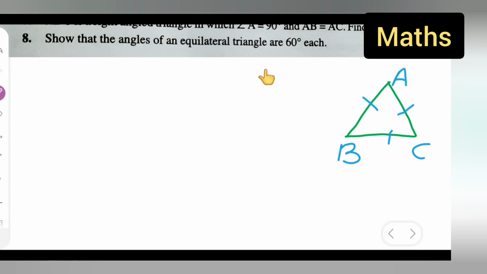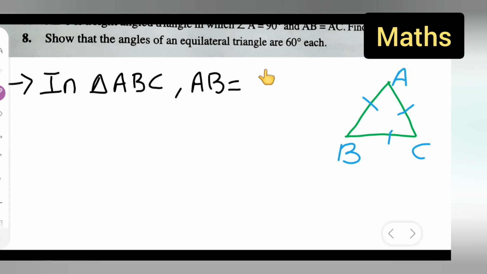So what you'll need to do is write down this. In triangle ABC, AB is equal to AC.